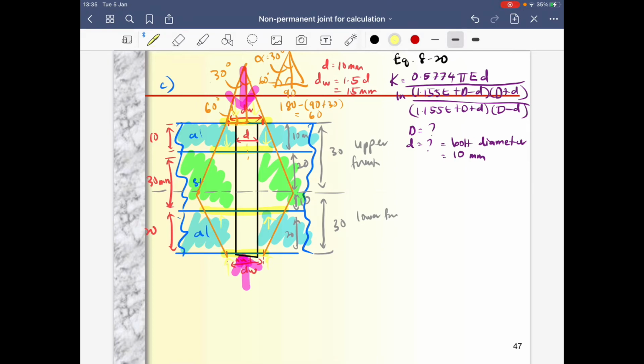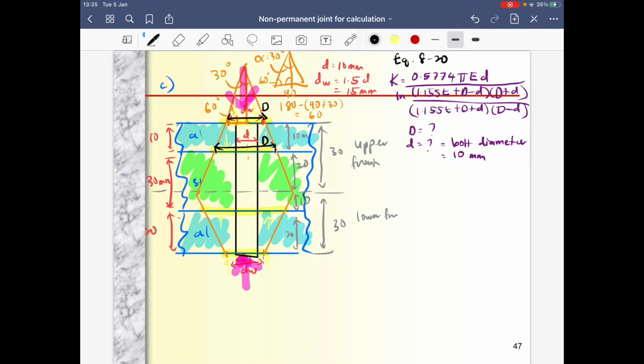So in this calculation, which D do we want to find? D here. So this is D, for this surface. For this surface, this is D. Both of them are for the upper frustum.